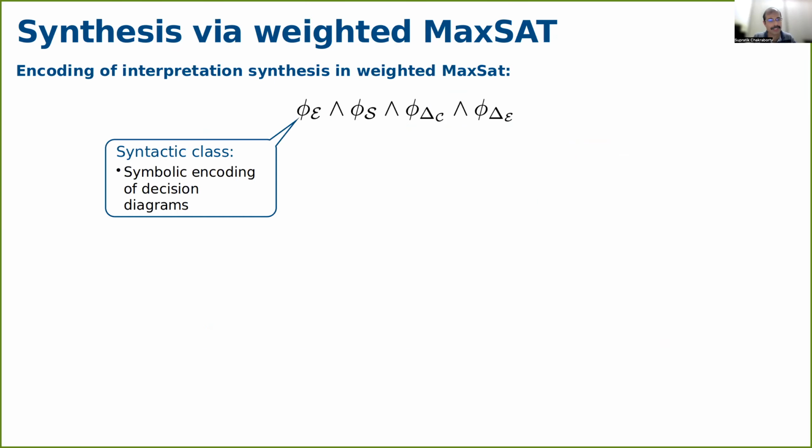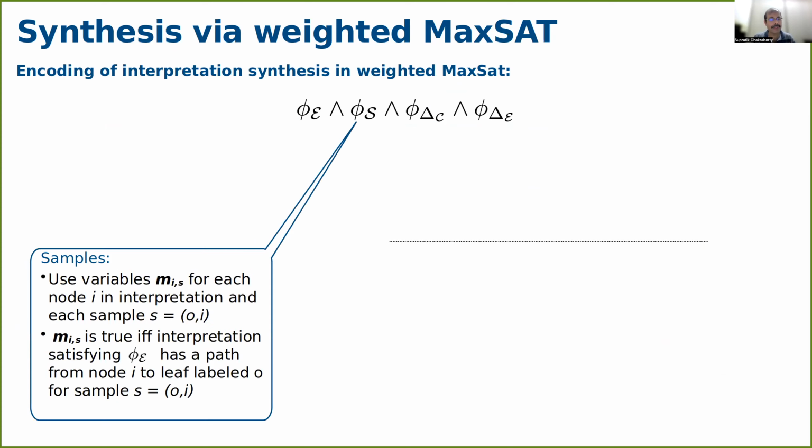So it is saying that starting from node I, which could be the root or some intermediate node, if I start evaluating the predicates on whatever that sample is, if I reach the right leaf, which matches O, then MIS will be true. Otherwise, MIS will be false. Okay. Right? And our goal is to make as many of these MIS true as possible.